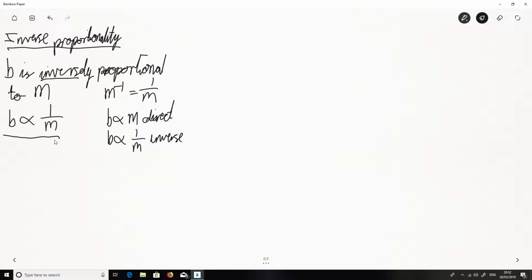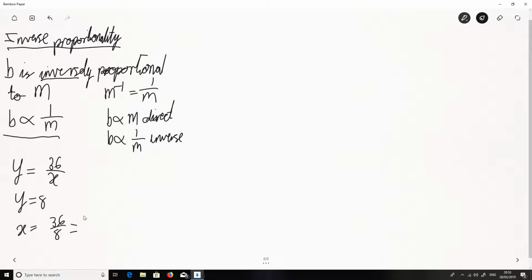So if I just give you a quick answer. In this case, if we have an equation where y equals 36 divided by x, and we're also told that at this point y is equal to 8 and we want to solve for x, then we just do x equals 36 over 8, which equals 4.5.